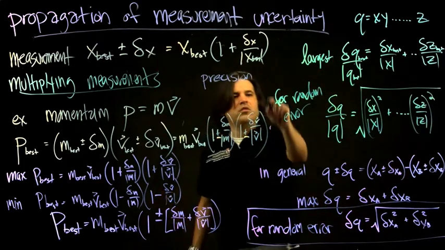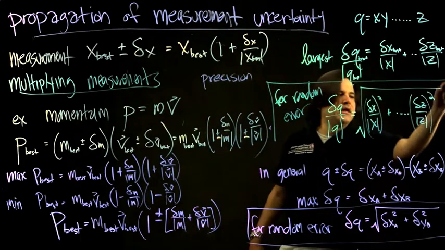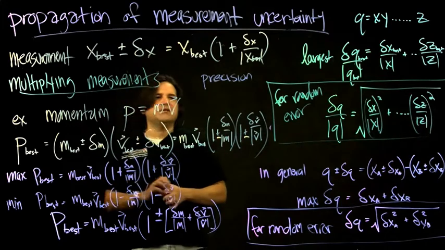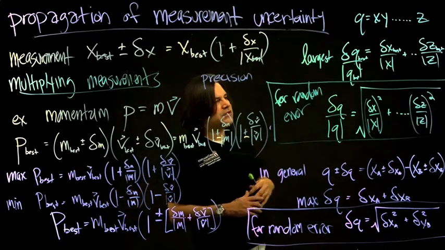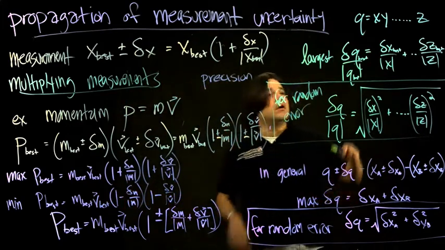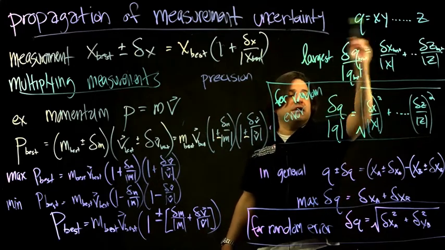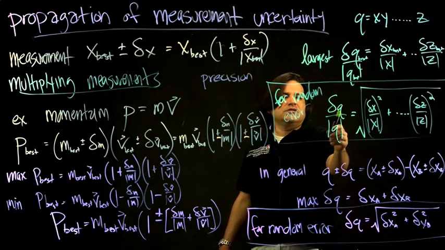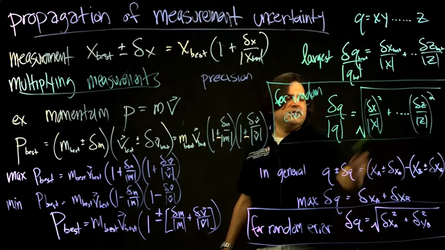So that's how the random error would propagate for this equation. If you were to use measurements with their reported uncertainties, when you have to multiply them all with each other to get a new value, the error would propagate such that the fractional uncertainty is that.